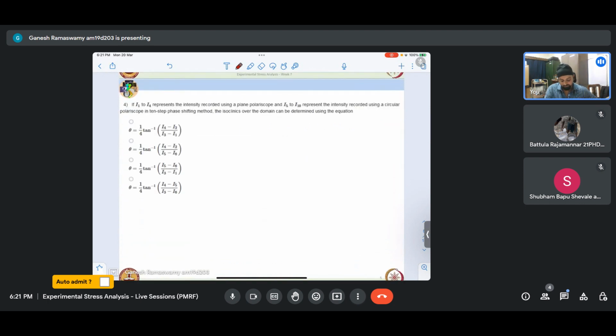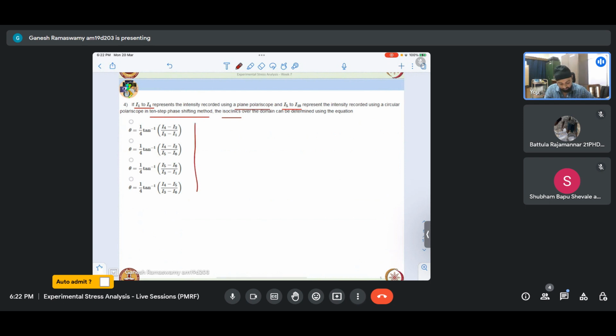If I1 to I4 represent the intensity recorded using a plane polariscope, and I5 to I10, six in number, represent the intensity recorded using a circular polariscope in the 10-step phase shifting method, the isoclinics over the domain can be determined by which of the following equations?